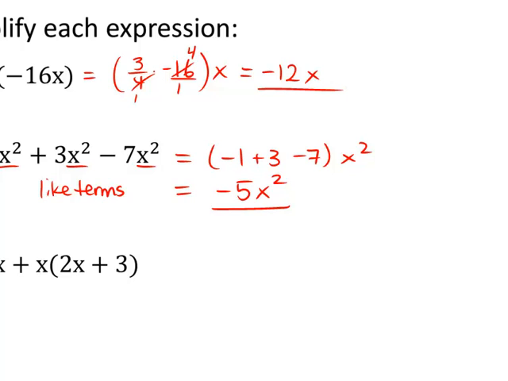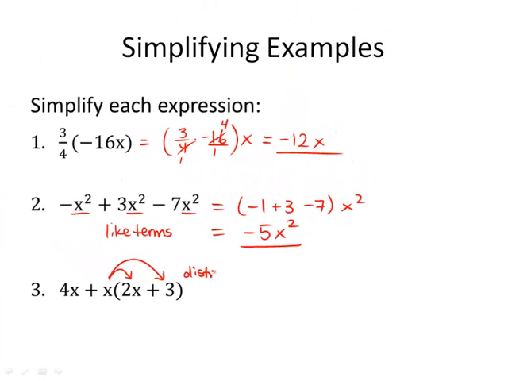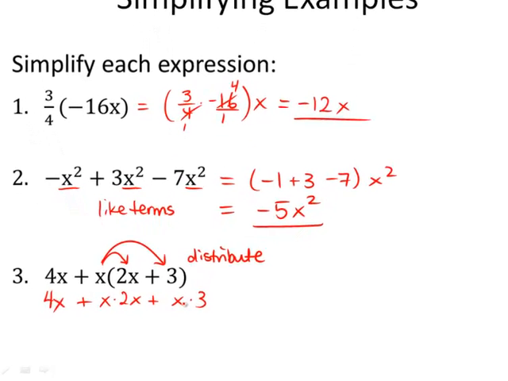Next, number 3, we've got brackets. Now, to get rid of these brackets, we can use the distributive property first. So the 4x stays, and then we've got x times 2x, and then x times 3.